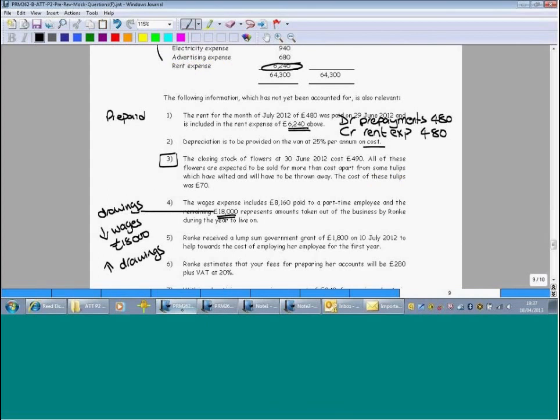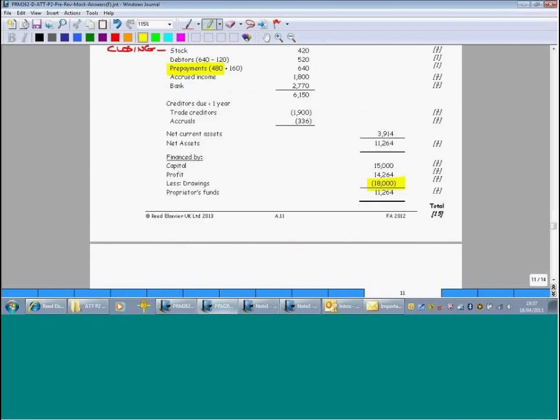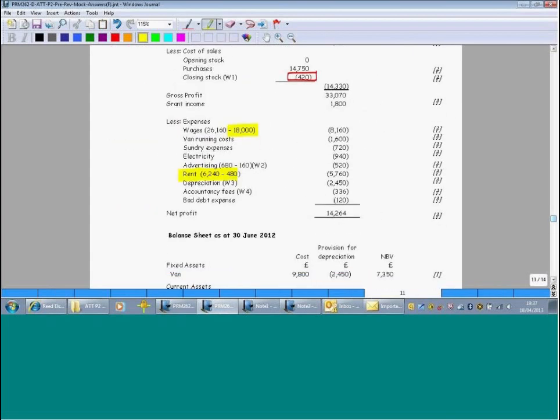The government grant: there are two types of government grant, capital or revenue. This government grant is to help towards the cost of employing her employee for the first year, so this is going to be a revenue grant. In other words, you can take it straight to the P&L when you receive the cash. Now, they don't receive the cash until after the year end here. So looking at the answer, you've got to include that income in your P&L, because you have earned the money during the year.